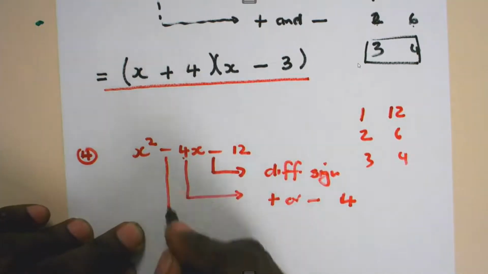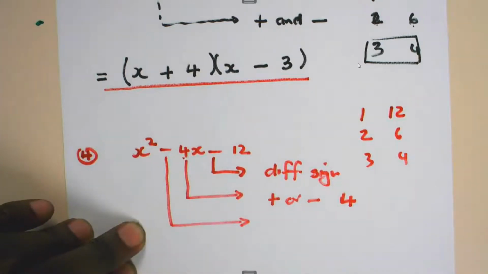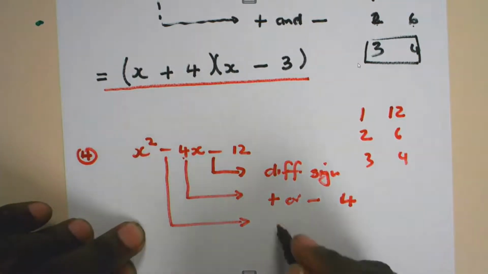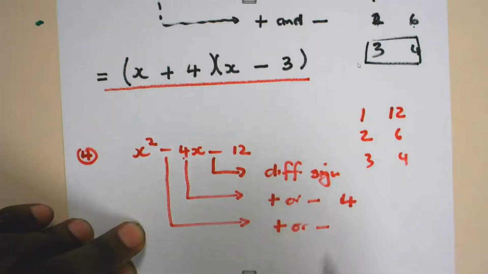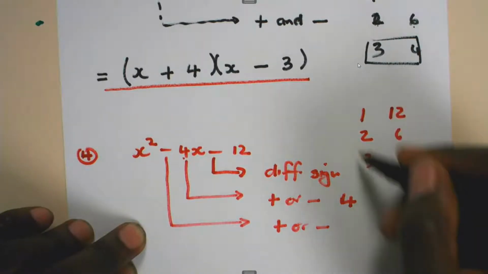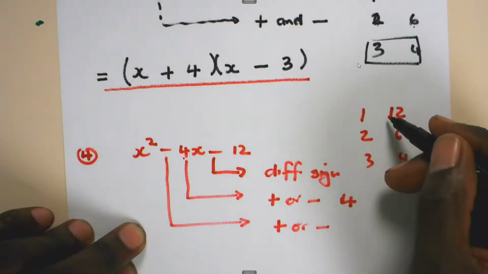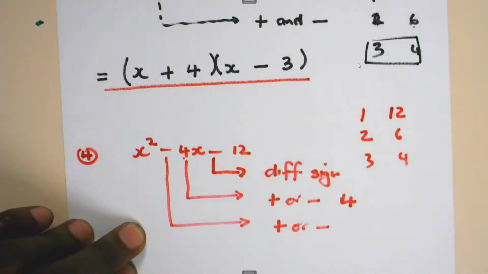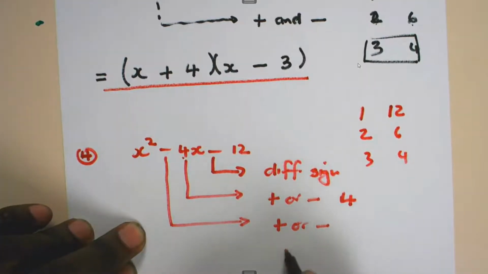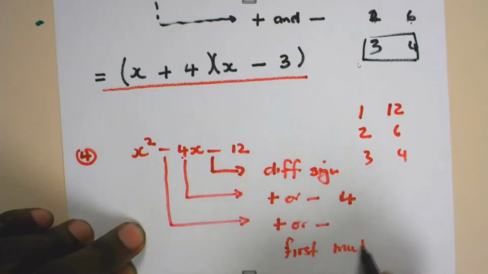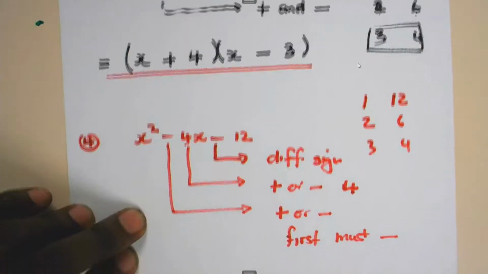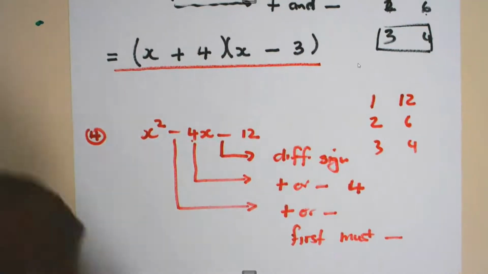This sign means if you add or subtract, one must be negative, which means the bigger, the first factor must be negative. The first factor here must be negative.